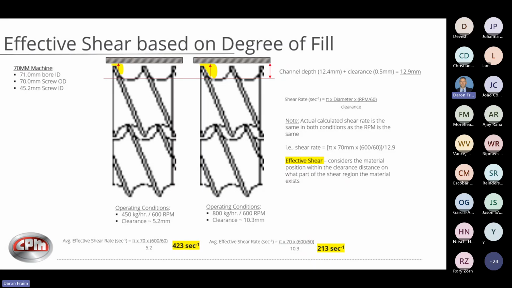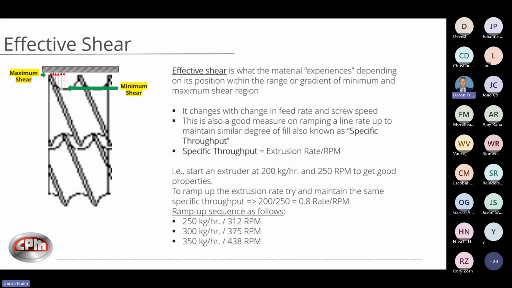Now my material extends more into that lower shear region. So on average, that material clearance is about 10.3. So I'm at 213 reciprocal seconds. So this is just to understand that degree of fill is important, as effective shear is what the material is experiencing depending on its position within the range or gradient of minimum and maximum shear region.